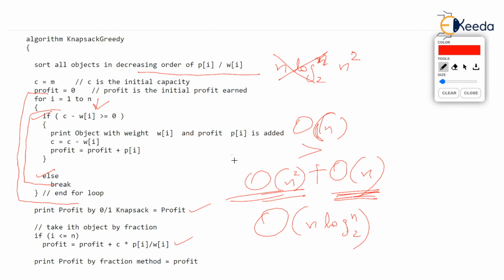Then you can't say that the greedy method for the knapsack problem takes n log n. It takes n square, because now n square is greater than n. That means it all depends on the sort step, the efficiency of knapsack greedy. Thank you very much.